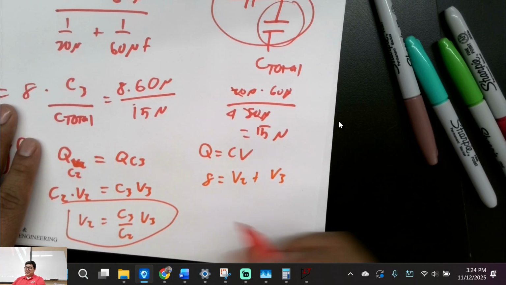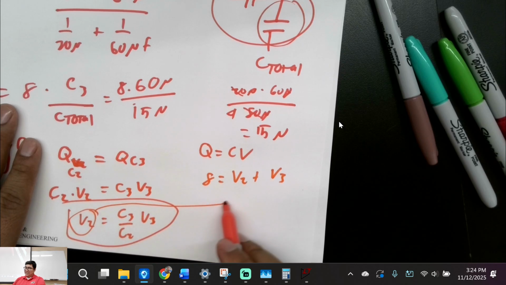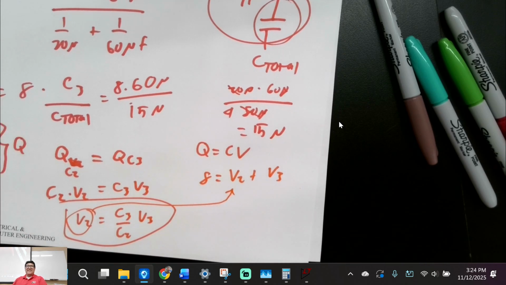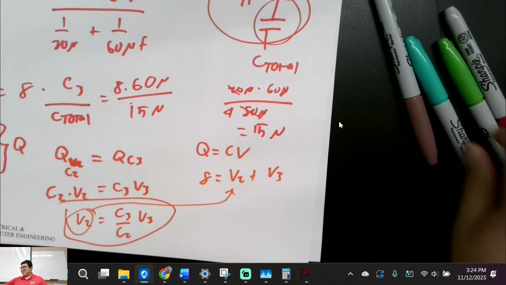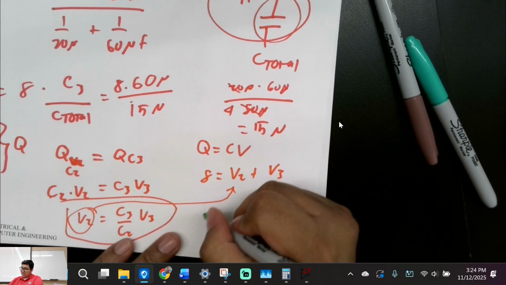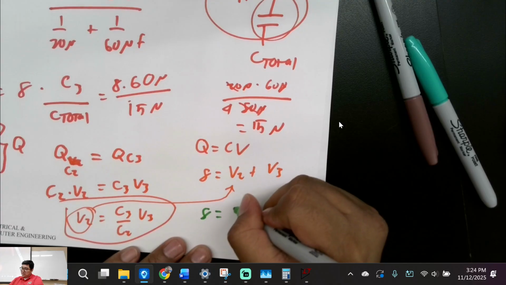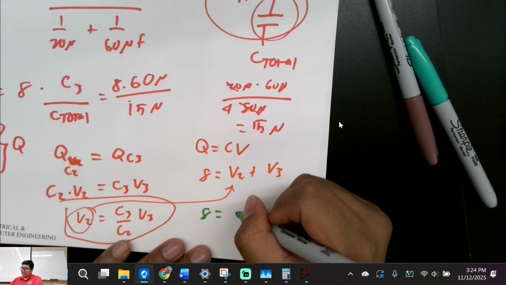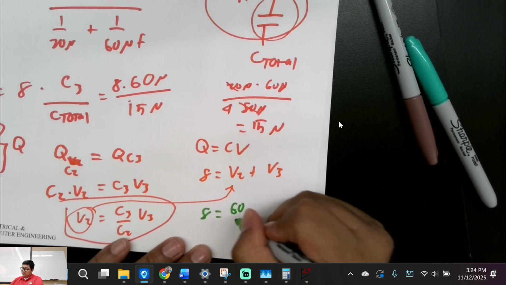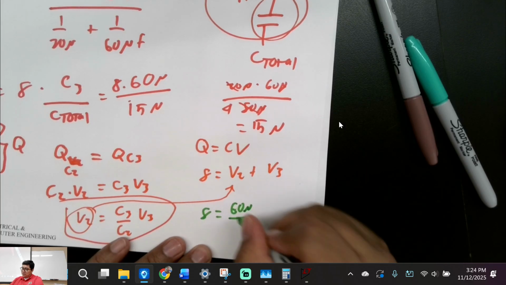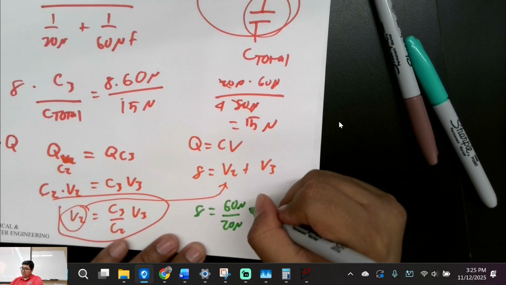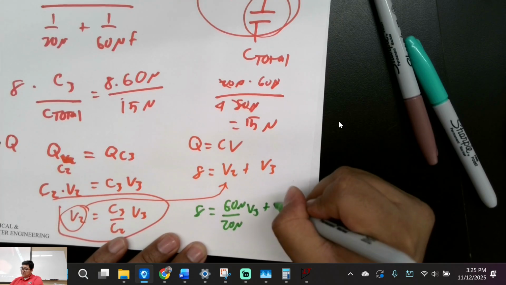Boom, what do we have right here? 8 is equal to C3 over C2 times V3 plus V3. What's C3? 60 micro over 20 micro, times V3, plus V3.